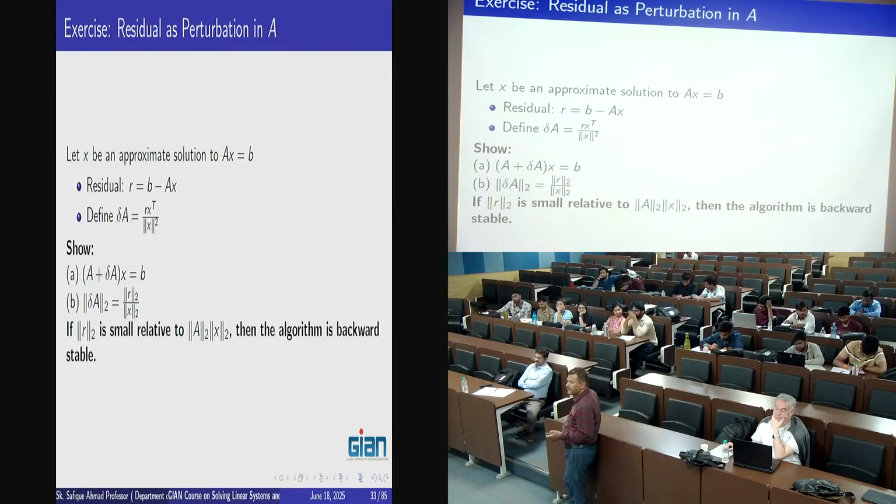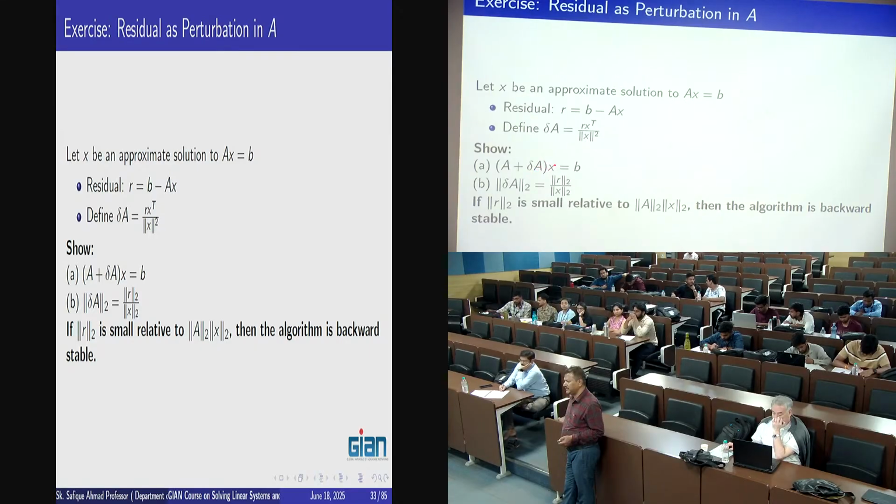Here you see, if you have A x equal to b and the residual r equal to b minus A x, then when you compute, you will not get exactly A x equal to b, you will get A x approximately equal to b. Then you get the residual r equal to b minus A x. Now define delta A as r x transpose divided by norm of x squared.